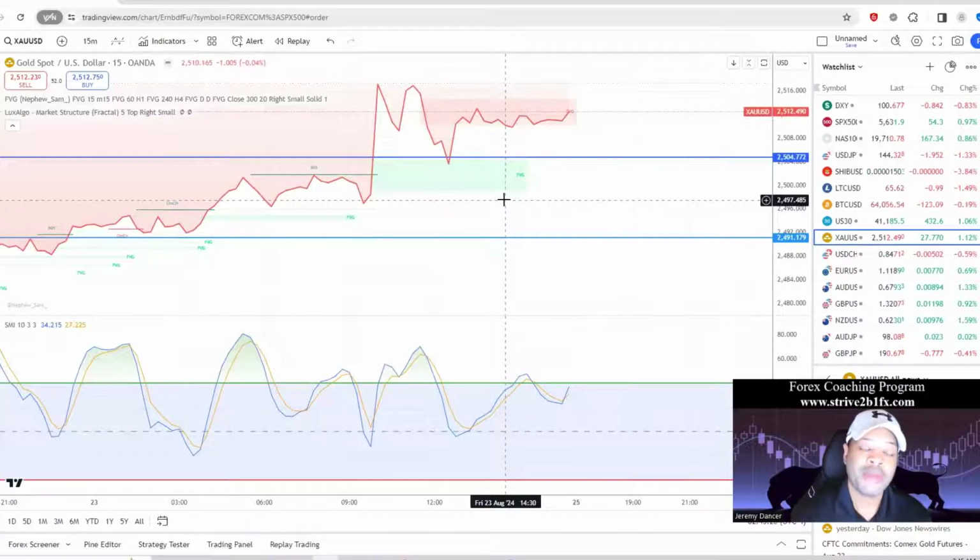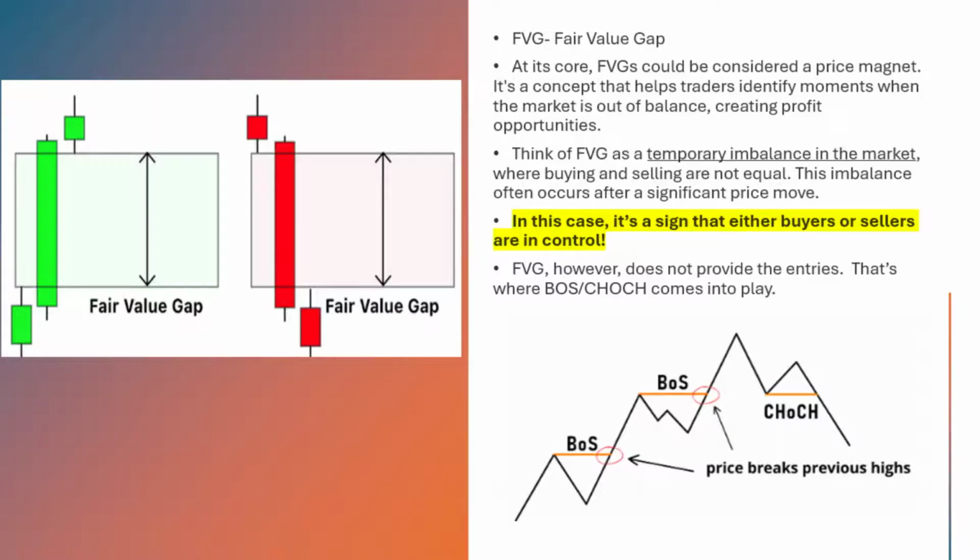When there is an imbalance, that means either the buyers are in control or the sellers are in control. It makes you a lot more confident in your trading when you're able to physically see that on the charts. If you want, you can pause this video right here, take a screenshot of this picture, and save it to your computer.